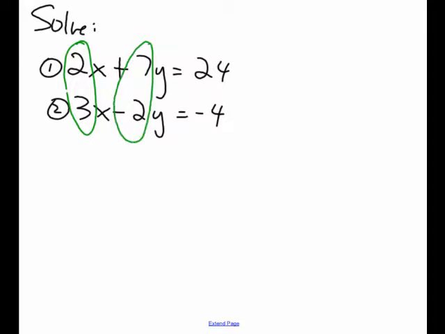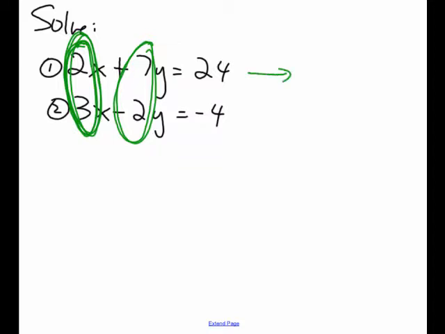So if I could get a common value here and then add or subtract the equations together, I'll get an equation with one variable that I'll be able to solve. I'm going to look here with the 2 and the 3. What's common between 2 and 3? The lowest common multiple would be 6.